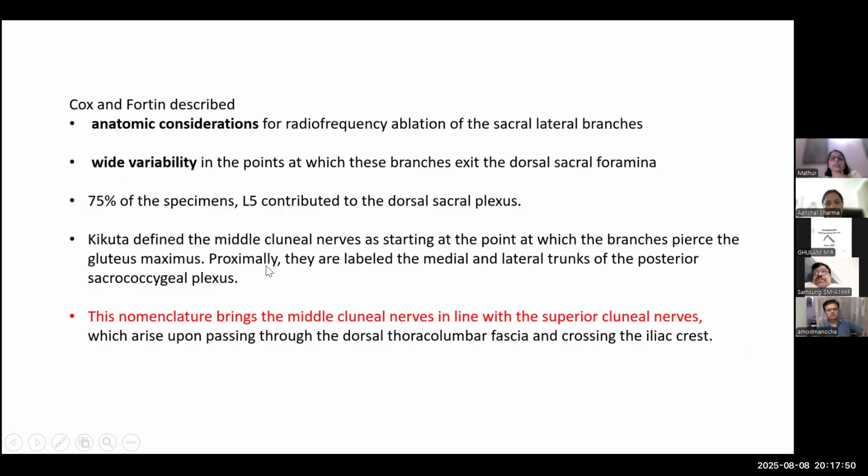Proximally, they are labeled the medial and the lateral trunks of the sacrococcygeal plexus. Therefore, this nomenclature brings the middle cluneal nerves in line with the superior cluneal nerves, because just like the superior cluneal nerves pass through a fascia, these also pass and cross underneath the ligament.